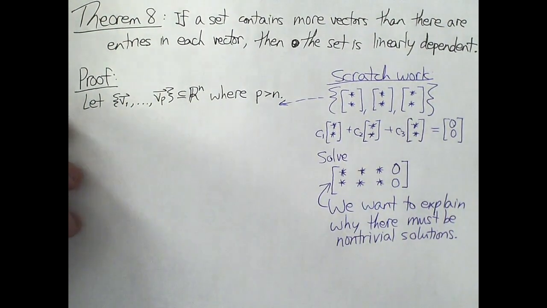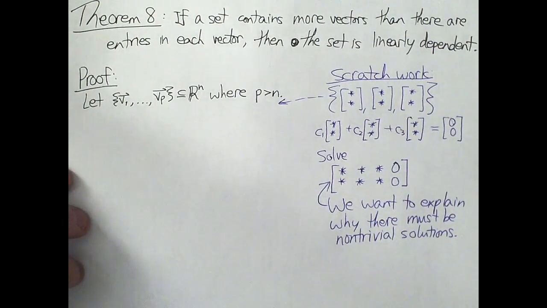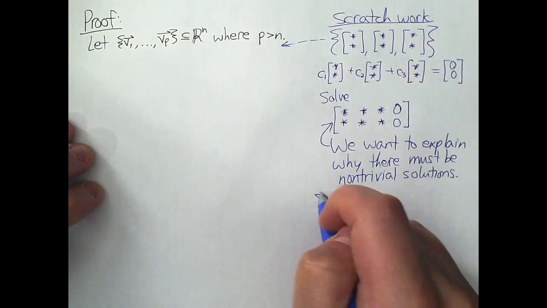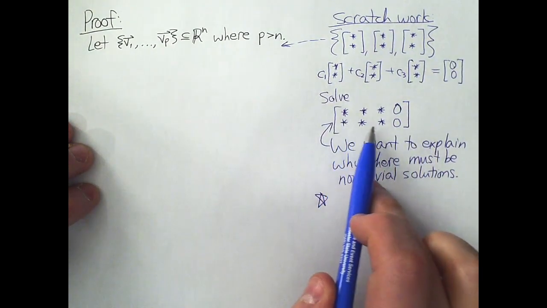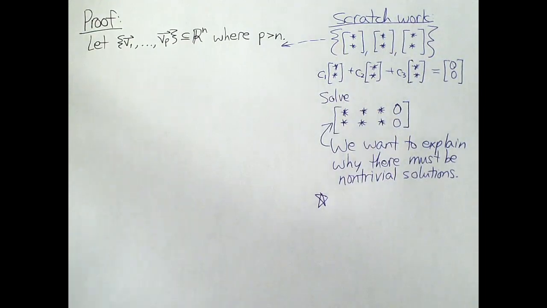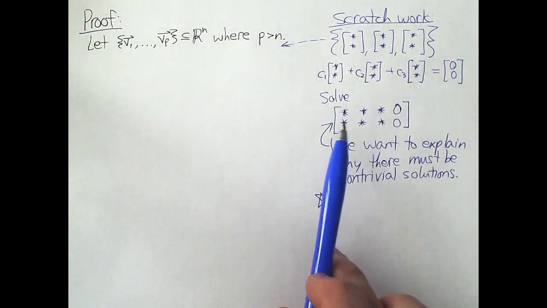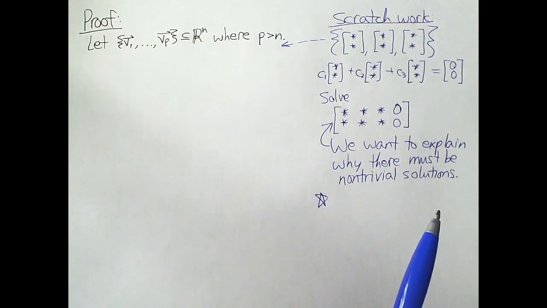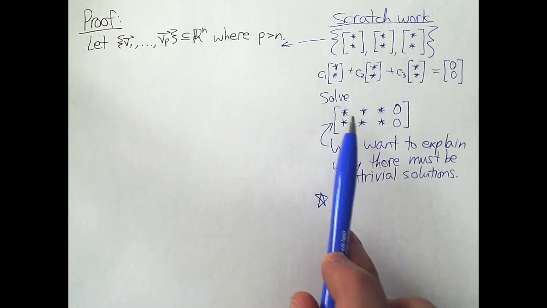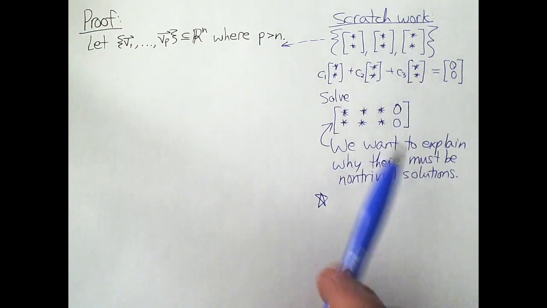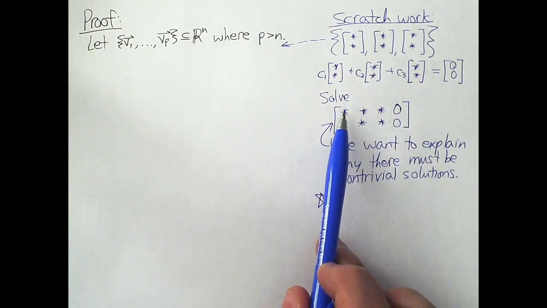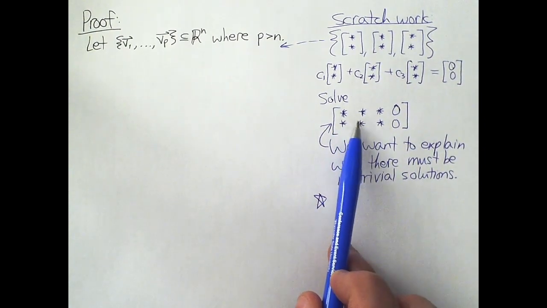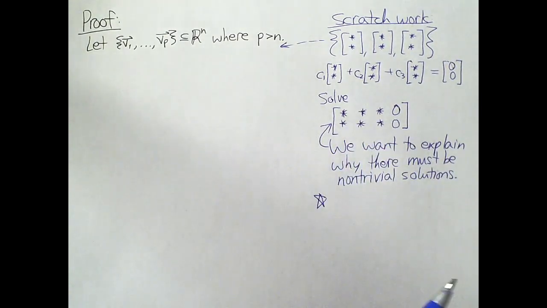Okay, so I'm writing a lot of scratch work off to the side here, but I'd like you to think about, does this look like it would have free variables? Do you think there would be at least one free variable for an augmented matrix of this size? How many pivots could there possibly be? In my little picture here, maybe the first row has a pivot, maybe the second row has a pivot. But there has to be at least one free variable, right?